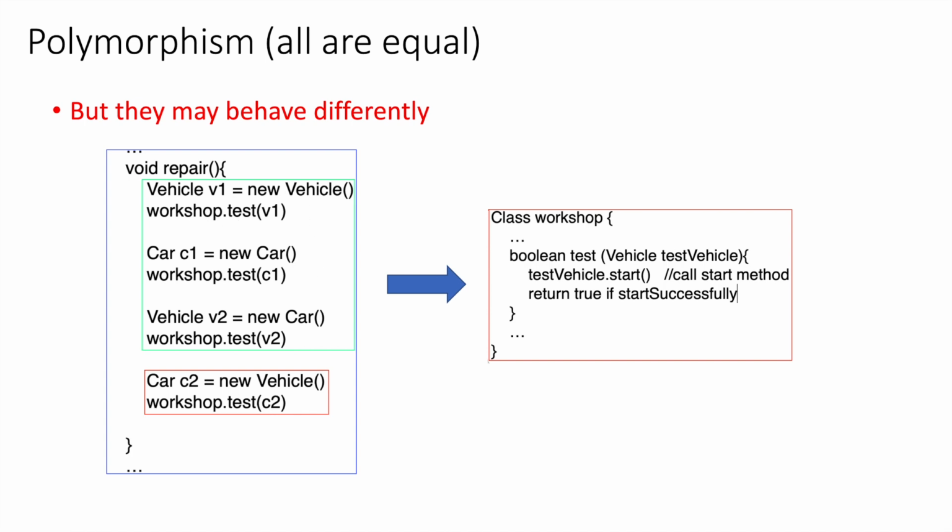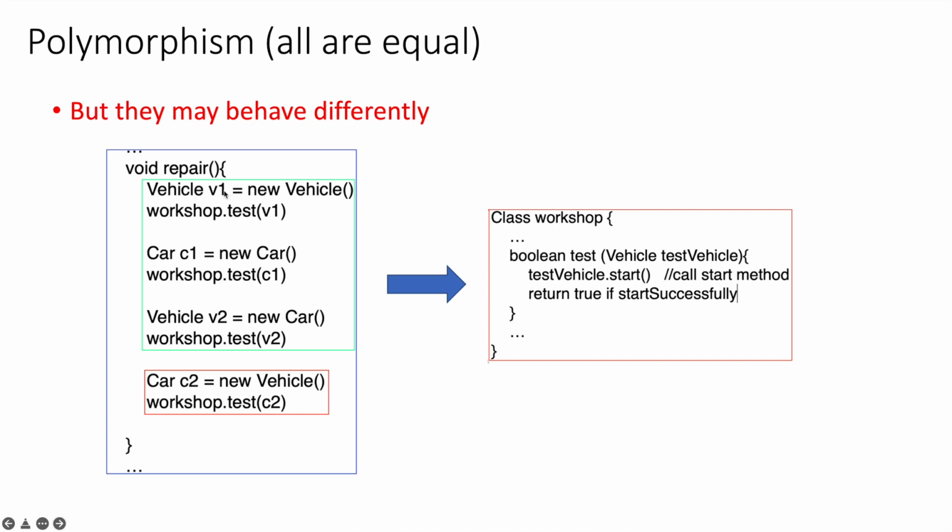Let's not attach it to any specific language. So vehicle v1 equal to new vehicle, and we call workshop.test, which is nothing but this operation. Now this v1 is an object created of a new vehicle, whereas it is pointed to by a reference of vehicle type.